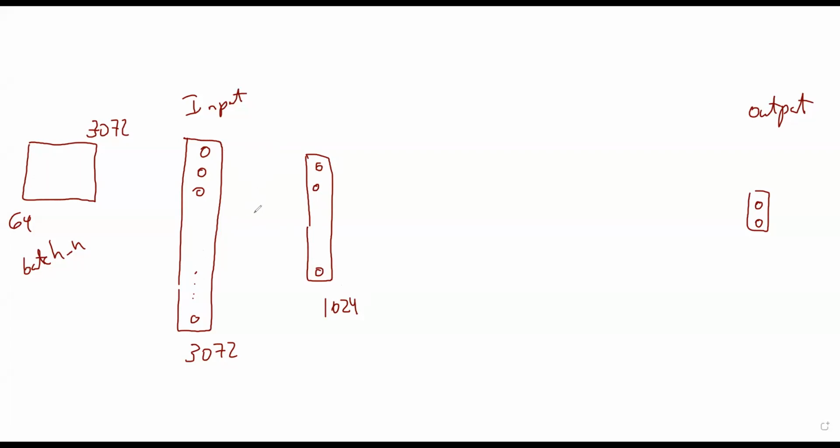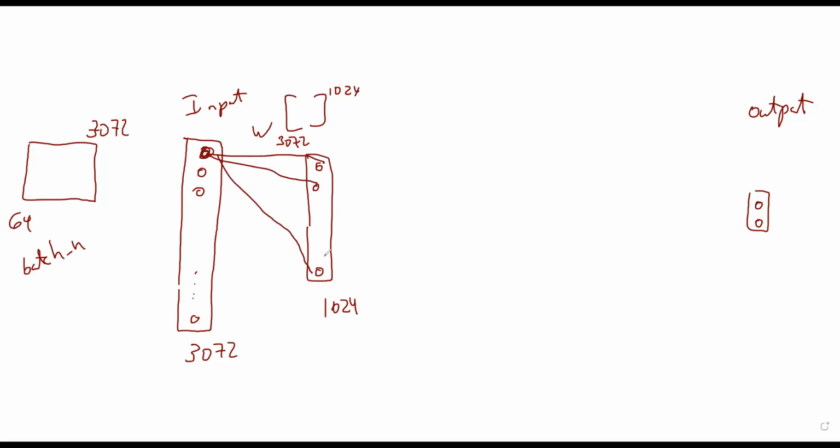Think about how many parameters that's going to be, because this is a weight matrix. It's a weight matrix that's going to be 3072 by 1024. Think about that. Just there, you have a matrix that is 3072 by 1024, because this one needs to be connected to every single neuron here.